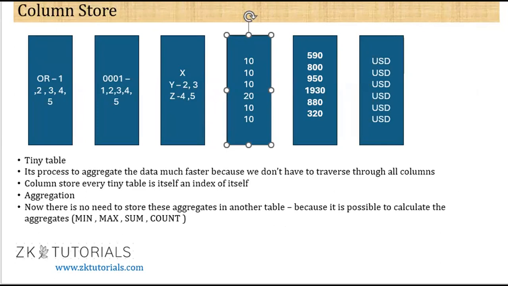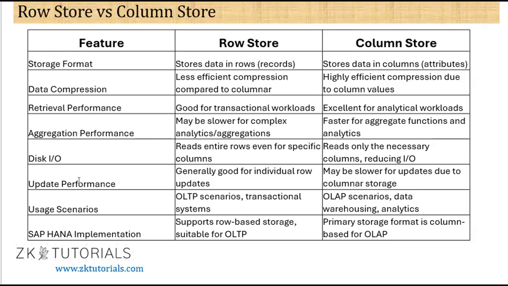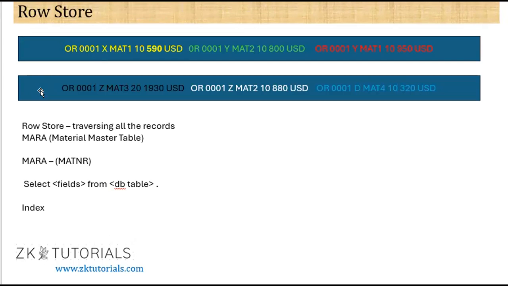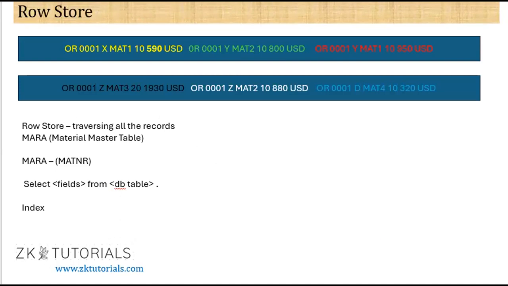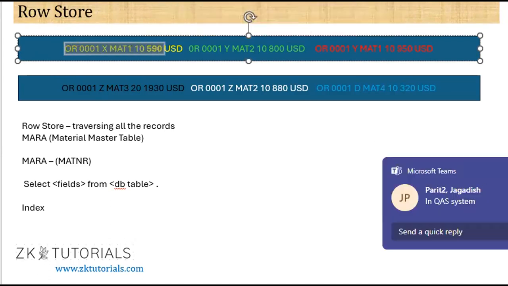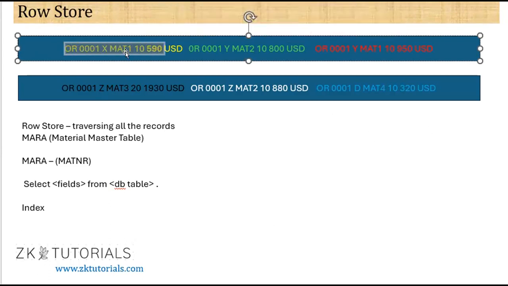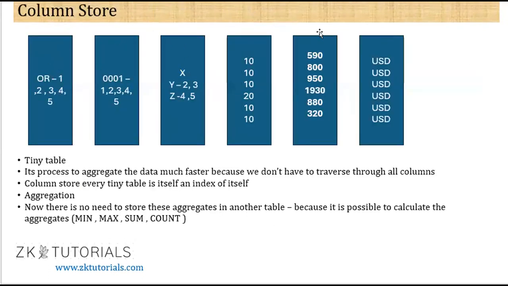Last, update performance: row store is generally good for individual row updates, column store may be slower for updates. So in the update case, row store is more efficient than column store. Why? Because here we can update this column more easily than here, where we have to update all the columns at the first position.